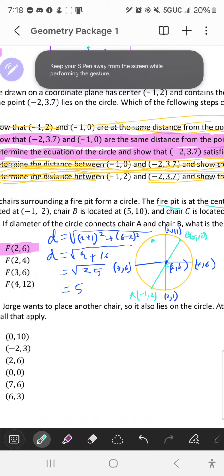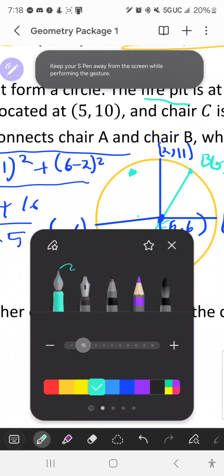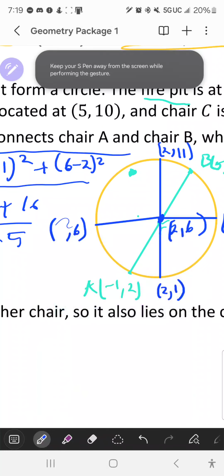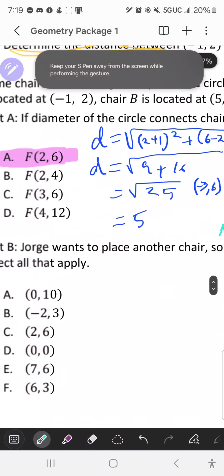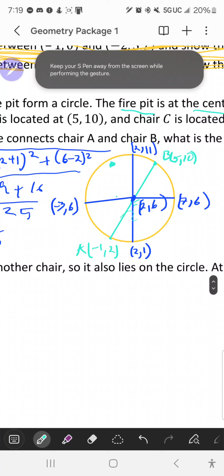Okay. Negative 2 comma, which is going to be 2 minus 5, which is minus 3. Sorry, my bad. Now it says negative 2 comma 3, and negative 2 comma 3 is going to be over here.